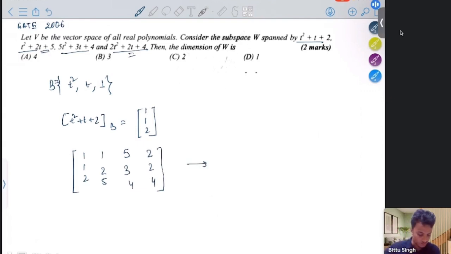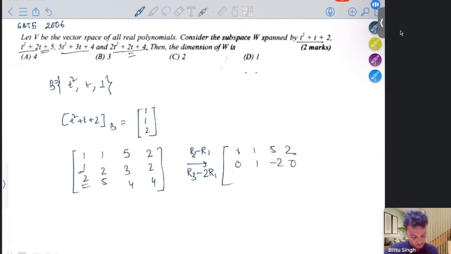Now if we use the row reduction, R2 minus R1, to remove this thing, and to remove the entry 2, if we subtract 2 times the first row, then first row will be 1, 1, 5, 2, same thing. And now row 2 minus row 1, this will give 0, 1, minus 2, 0.